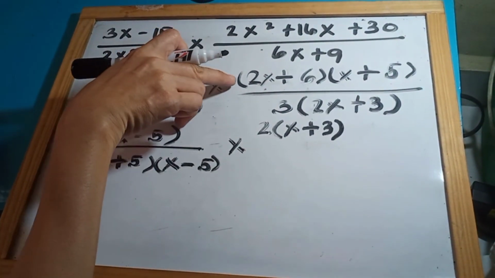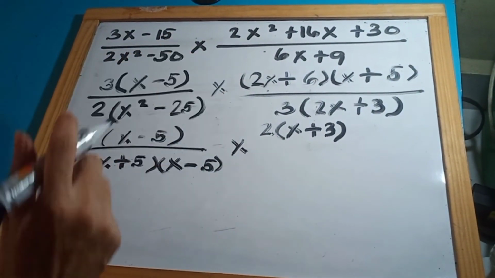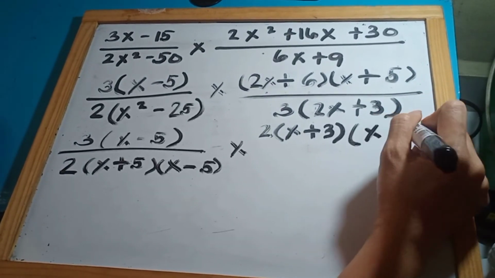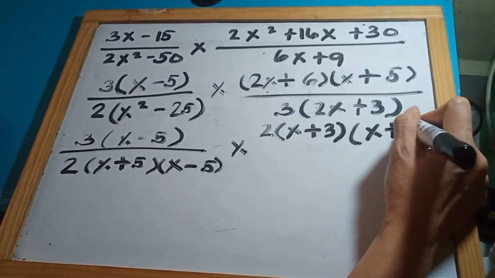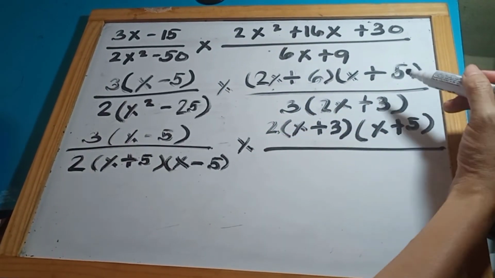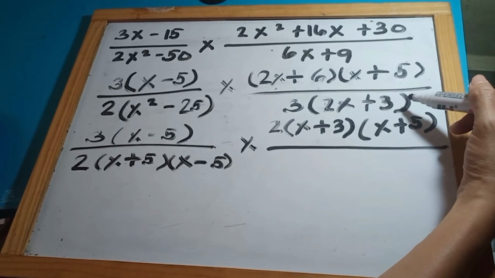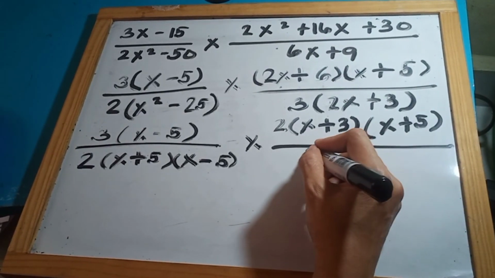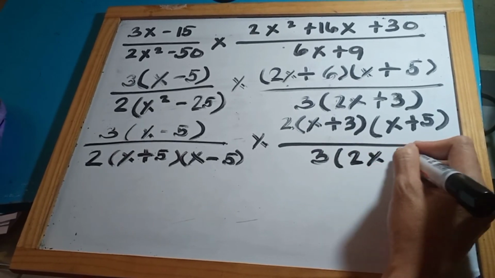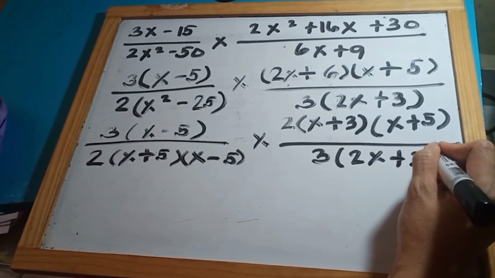So, finactor lang natin yung isa pang term dun sa numerator. And then, yung x plus 5, let's just rewrite x plus 5 dahil wala naman na siyang ibang factor. And then, the denominator, meron pa bang ibang factor si denominator? Wala na rin. So, let's just rewrite 3 times 2x plus 3.